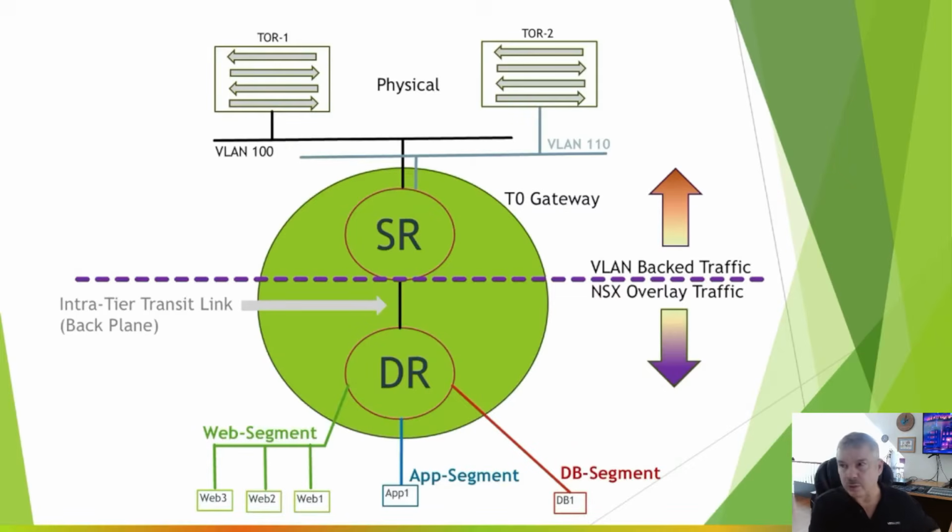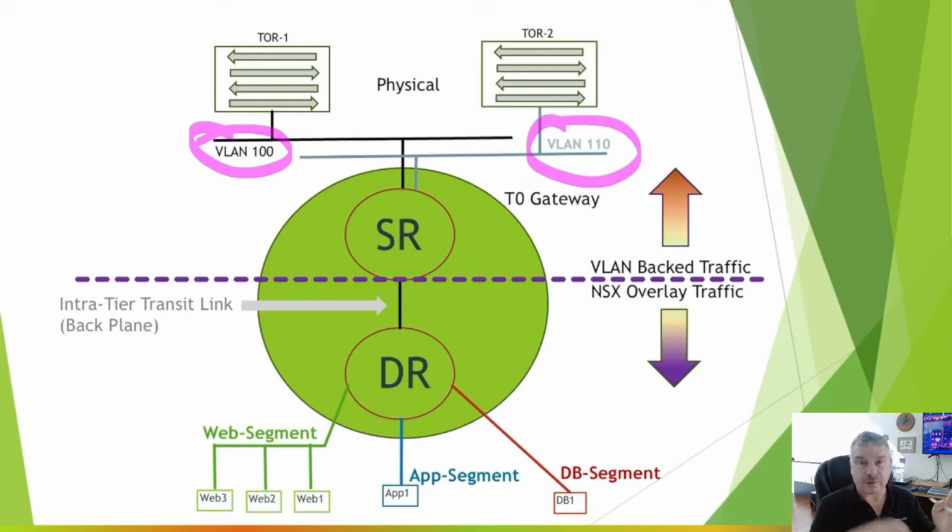The other option, which is recommended by VMware, is to have 2 separate VLANs. So you're going to peer with your top of rack left and top of rack right, and you're going to have 2 different VLANs, so you have 2 different peerings going on. Let's say they're BGP or whatever the case may be. In this case, I have 2 interfaces. So this SR is going to be spread across edge nodes.